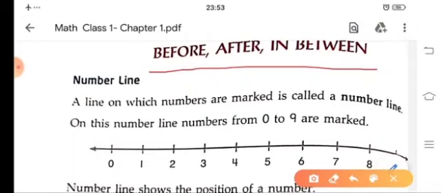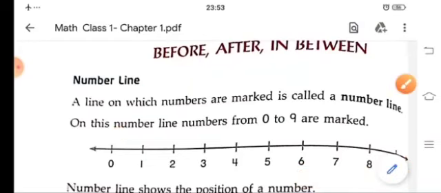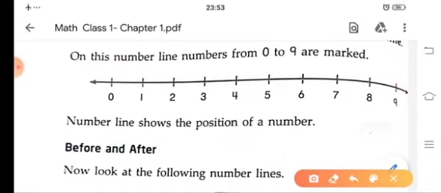Okay, so we'll see the number line. Now a number line is a line in which numbers are given and they are marked from 0 to 9. Now this number line shows the position of the numbers on this line. So 0, 1, 2, 3, 4, 5, 6, 7, 8, 9.